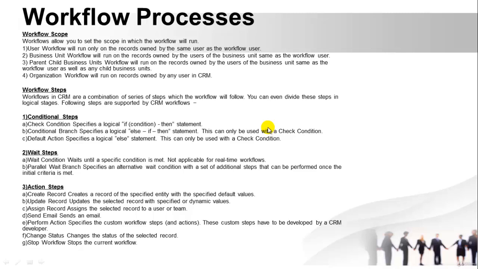Once you decide that, you have to specify the scope of the workflow, and you have to specify when it needs to be started, or we can say you have to specify the event for the workflow, and finally you have to add a step within the workflow. So this is a simple thing which you can do once you take a look at the processes section under your Microsoft Dynamics CRM setting.